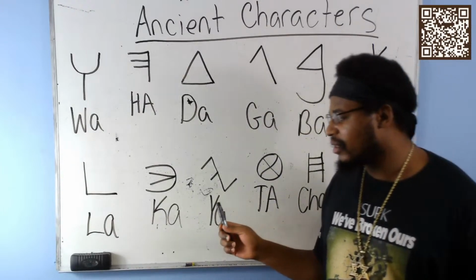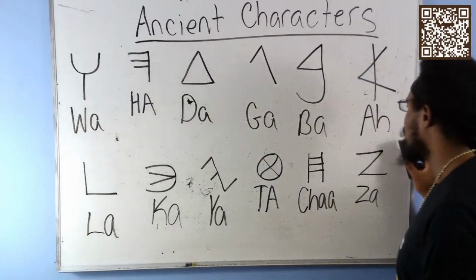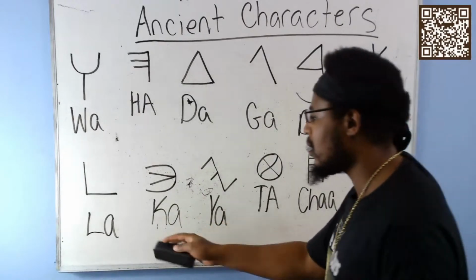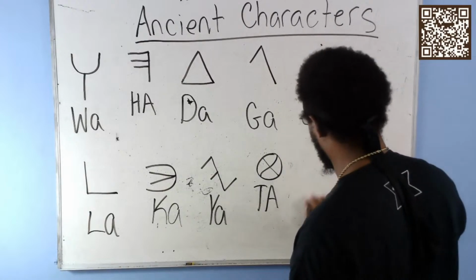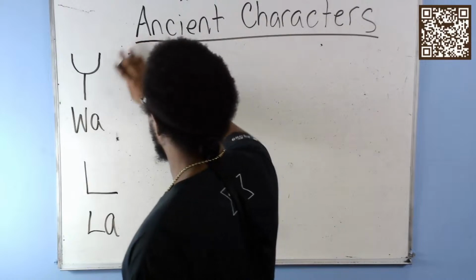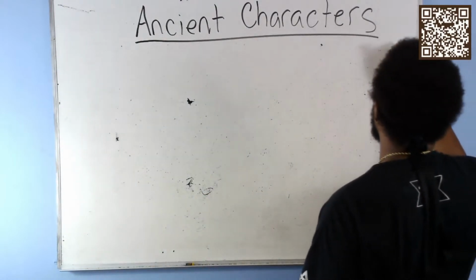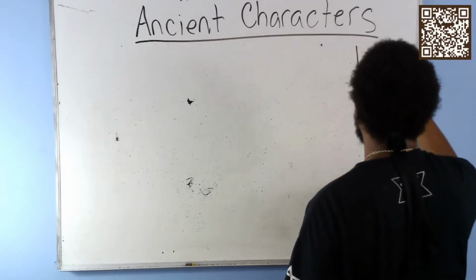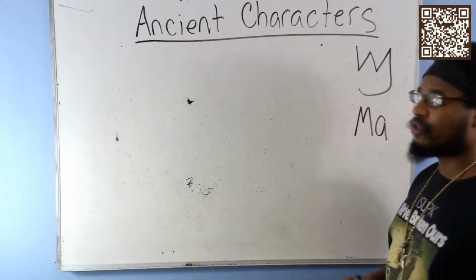Okay, so I'm going to get back to the ancient characters. We left off at La. So Abba, Yawa, Zaka, Tayaka, La. The next one is Ma. This one is Ma.